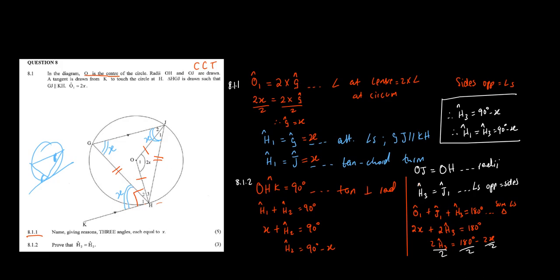So please, whenever I need you to prove that any angles are equal, just try to get this angle to be the subject of a certain formula and the other one to be the subject of a certain formula using different theorems, using different properties or even similar properties. Then you'll be able to prove that. Right. Okay, I hope that was clear.